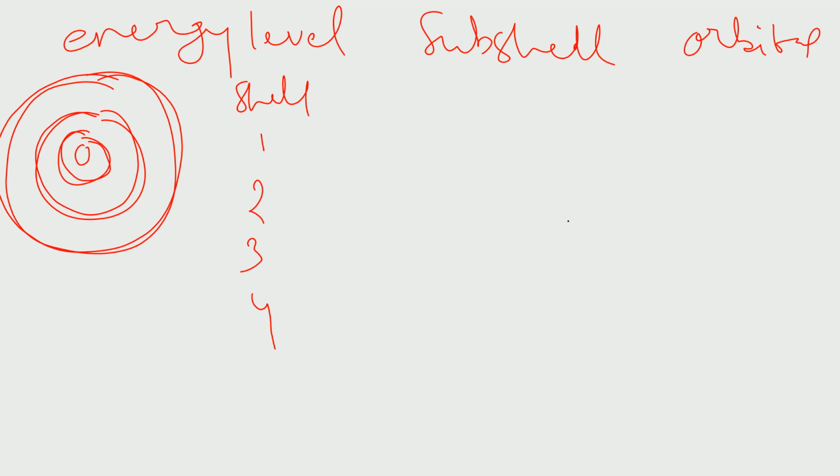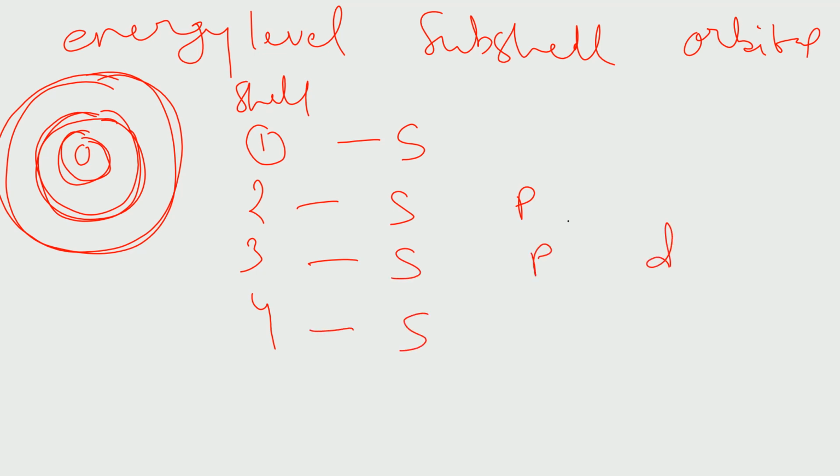For the first shell there is one subshell, s. For the second shell there are two subshells, s and p. For the third there are three subshells, s, p and d, and for the fourth there are four subshells, s, p, d and f.